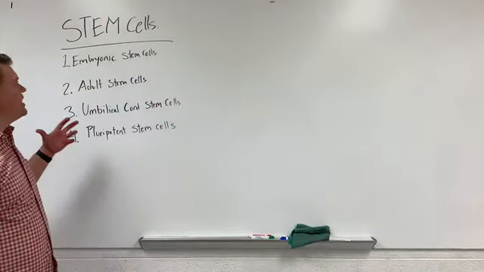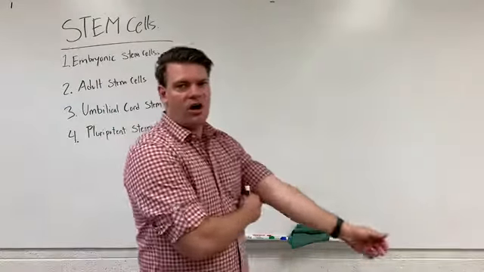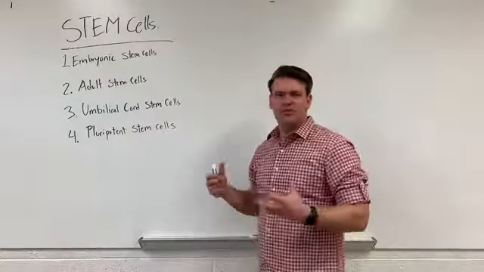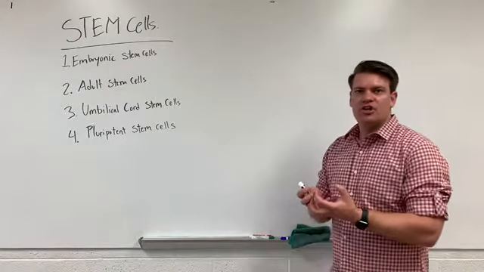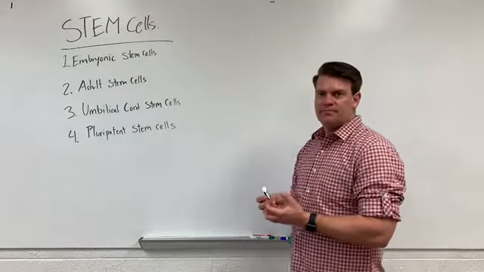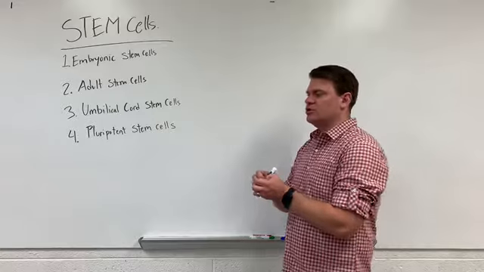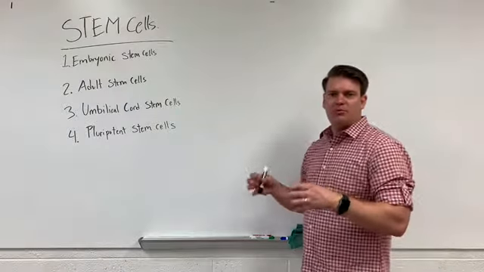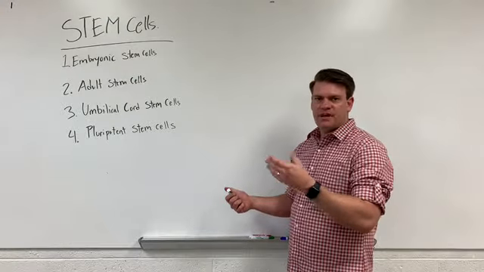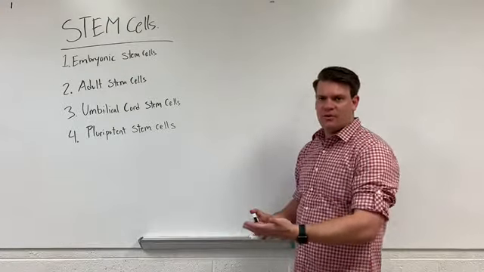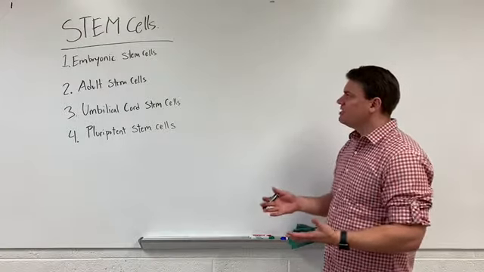Now we're going to discuss our stem cells. So if you think back to when we were talking about fertilization, when we had an egg and a sperm come together to create a zygote, and that zygote then will start to multiply until it eventually becomes a fetus and then a full-born infant, right?